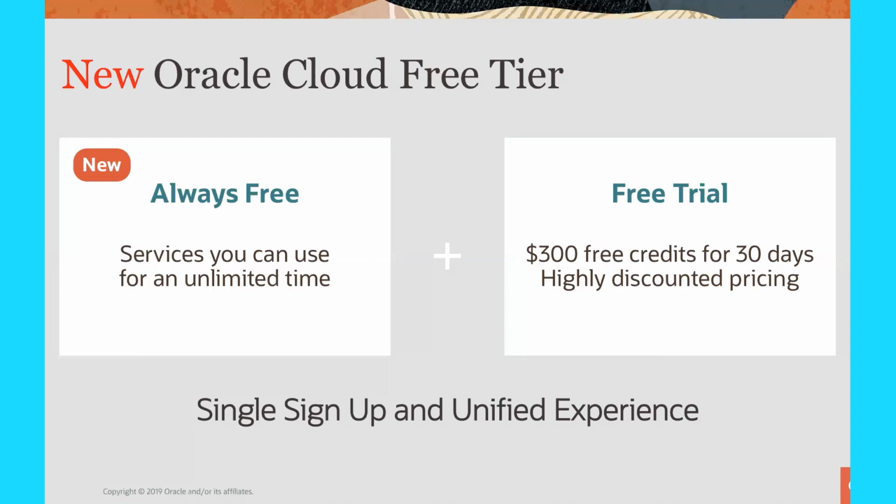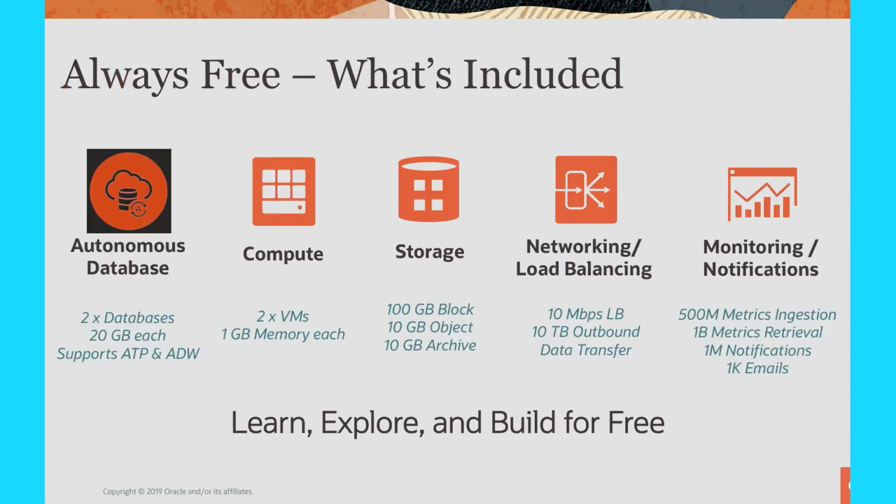They have great resources to start developing applications, to get your hands a little dirty, looking at the Oracle Cloud, trying things out. And on top of that, you also get 300 free credits for 30 days, which allows you to use some of the other services that are not included with the always free. So we're really excited to offer this to you.